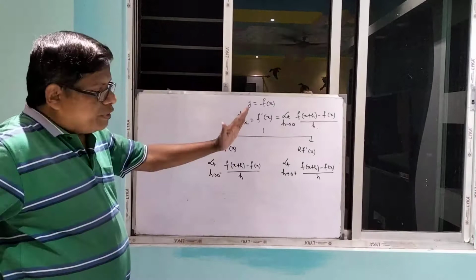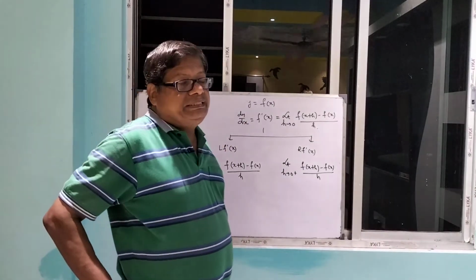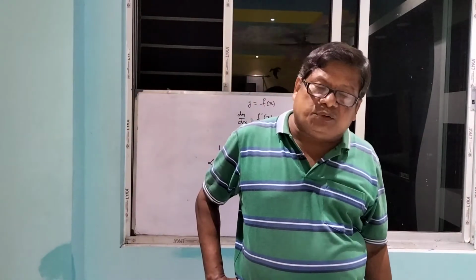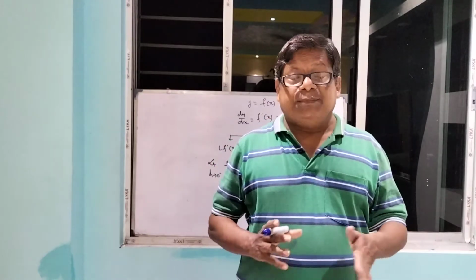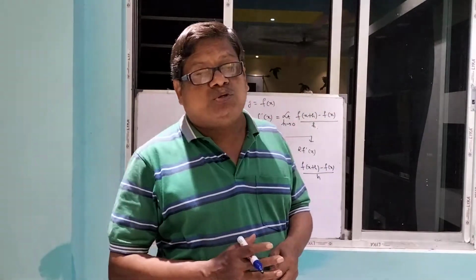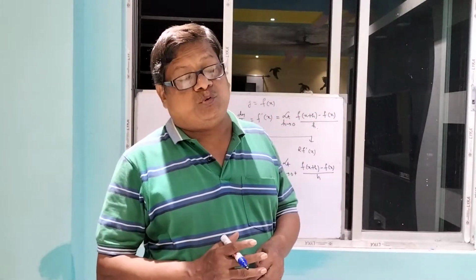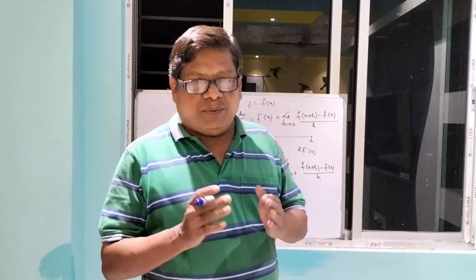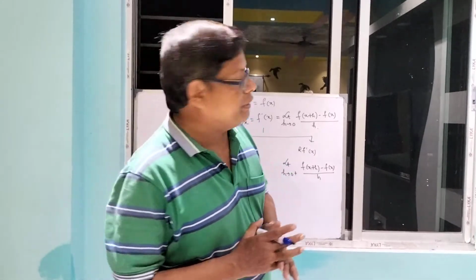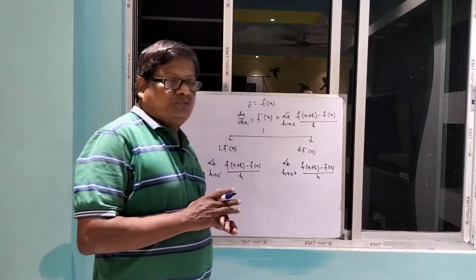Okay, so a function is differentiable only if the left hand derivative is equal to the right hand derivative, both are equal and having real value, keep in mind, having real value.